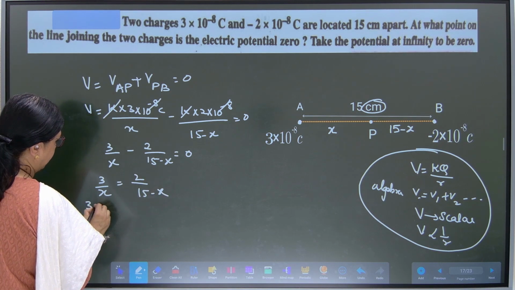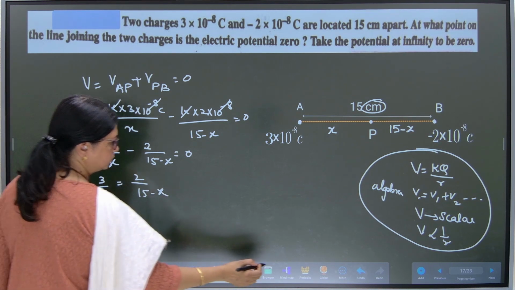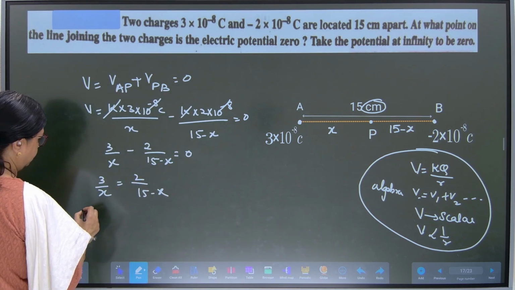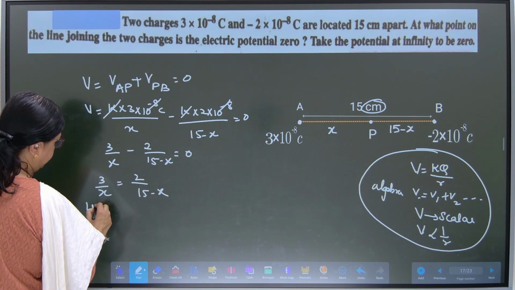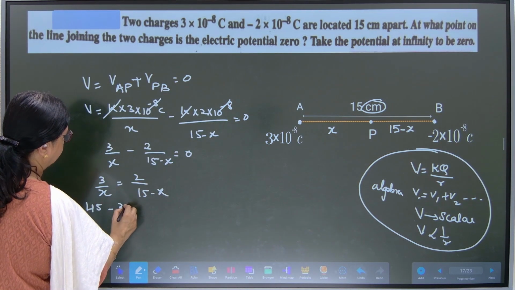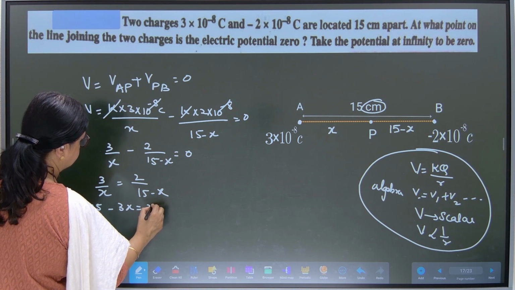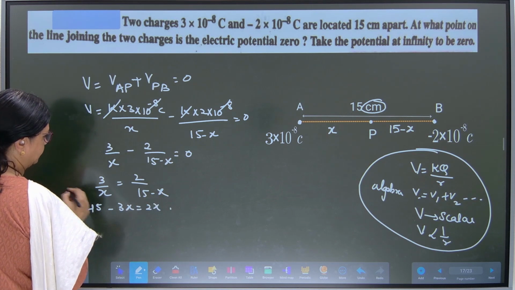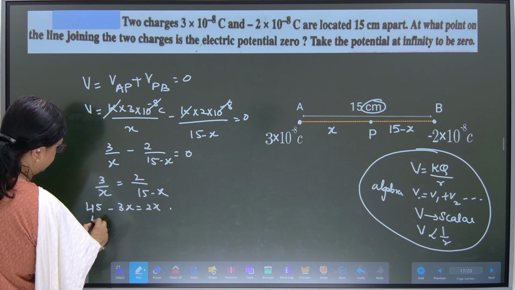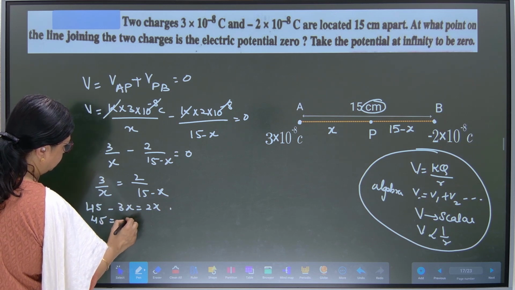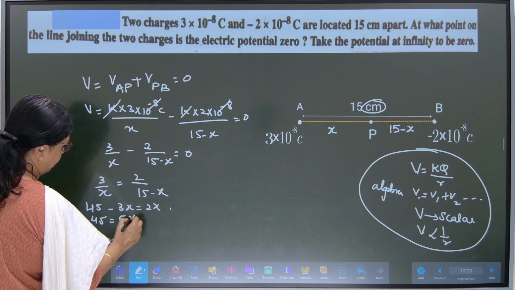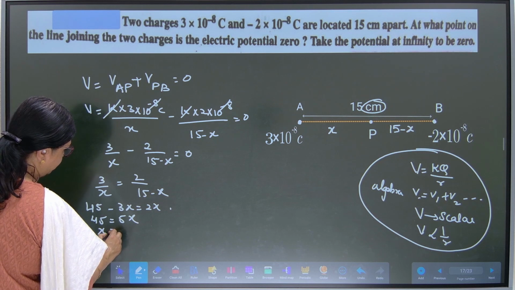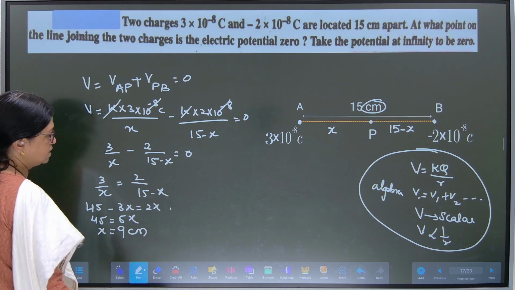Cross multiplying, 45 minus 3x is equal to 2x. So 45 is equal to 2x plus 3x, 5x, and x is equal to 9 centimeters.